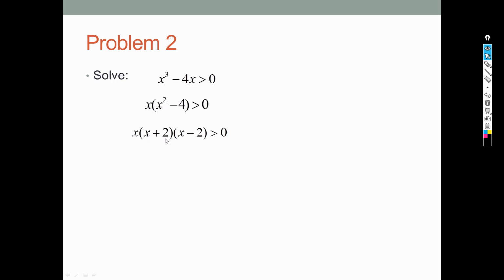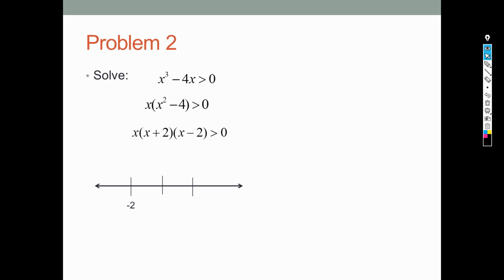For x plus 2, the only way that's going to be 0 is if x is negative 2. And for x minus 2, the only way that's going to be 0 is if x is 2. So the numbers you want to plot on the number line are 0, negative 2, and 2, in order of size, on the left side from smallest to largest. So there's the number line.